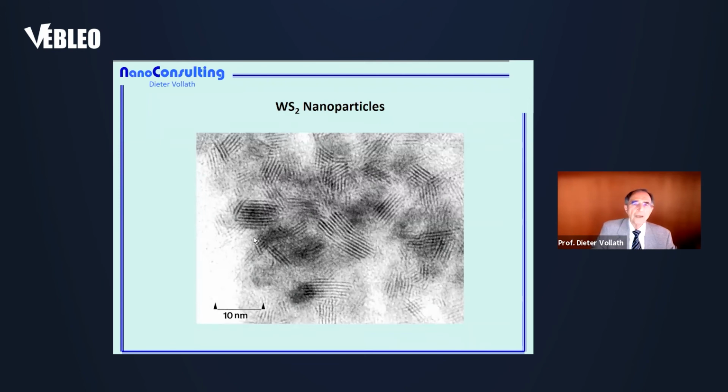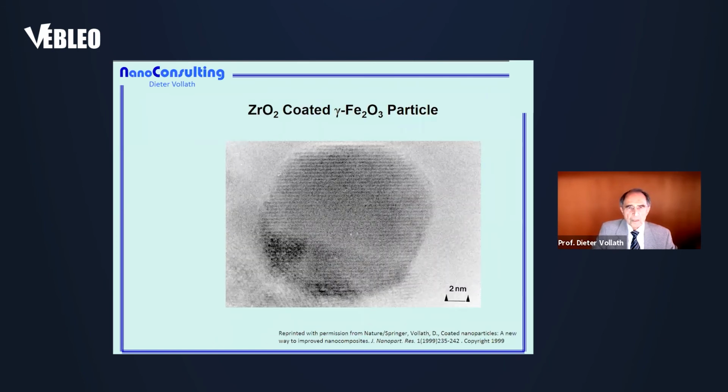One can also make, for example, sulphides. That's what you see here. Here, the lattice fringes are typical for the layer structure of the sulphides. Now, let's have a look at coated particles. This here is, for example, an iron oxide particle coated with zirconia.